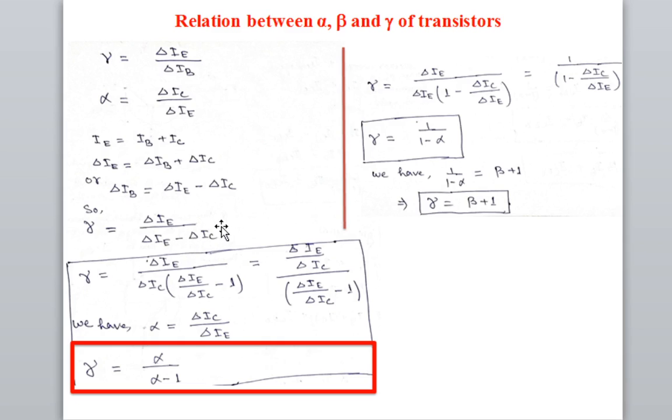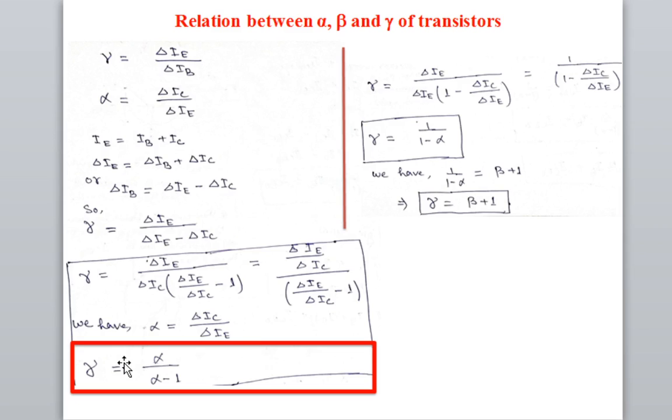If I take delta IE as common, I can write delta IE upon delta IC divided by delta IE upon delta IC minus 1. And delta IE upon delta IC is alpha. So gamma is equal to alpha divided by 1 minus alpha. So this is the relation between alpha and gamma.